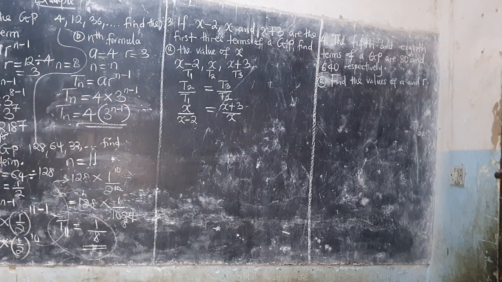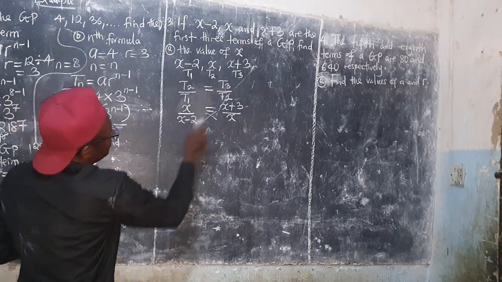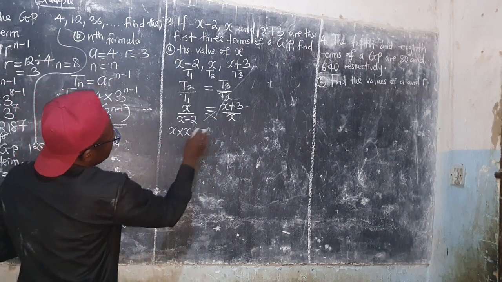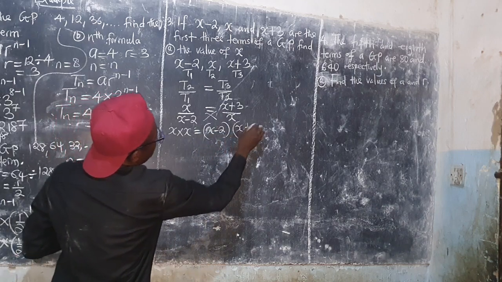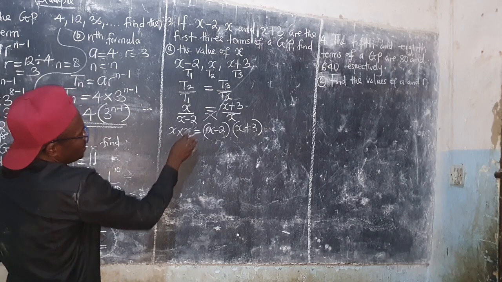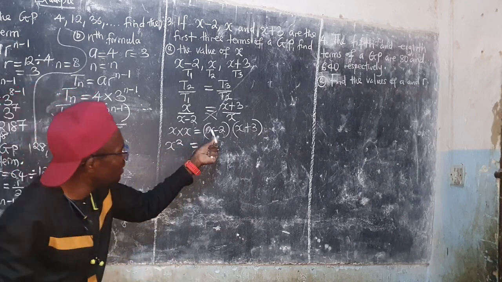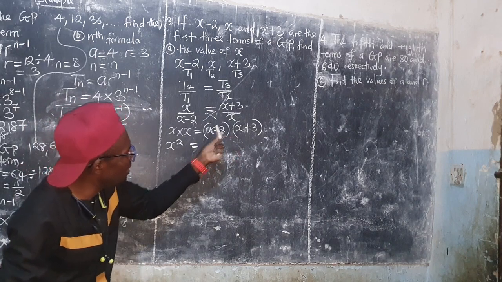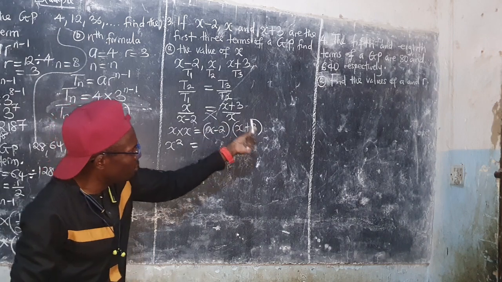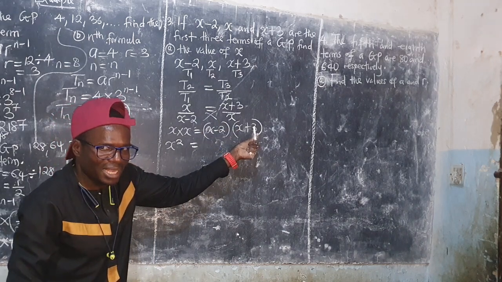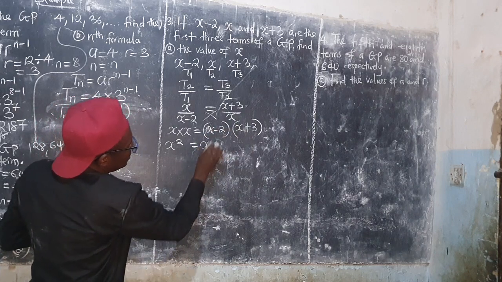You cross multiply. So x times x, which is x minus 2 and another what? X plus 3. So x times x is what? X squared is equal to. Each term multiplies each term. Example, x times x is x squared.